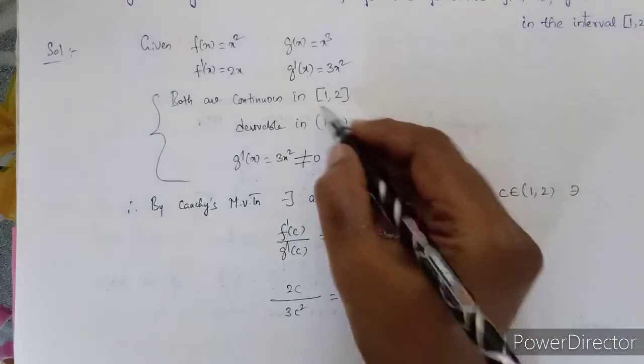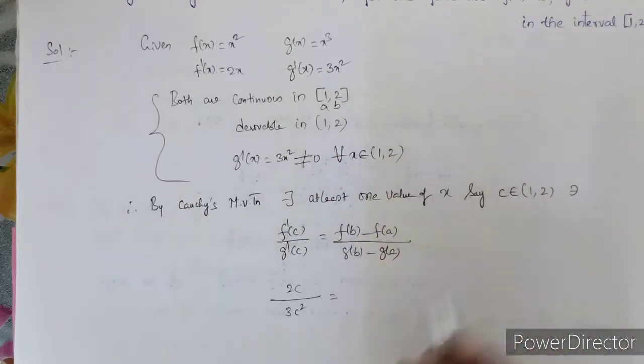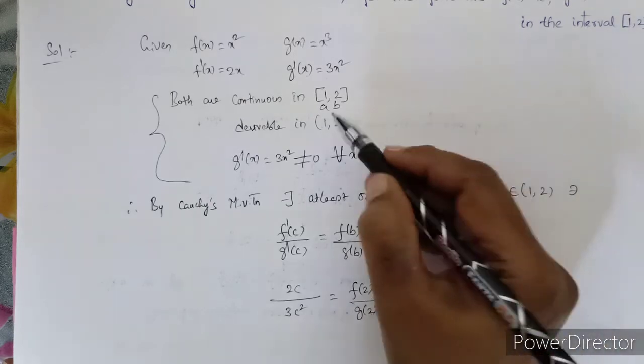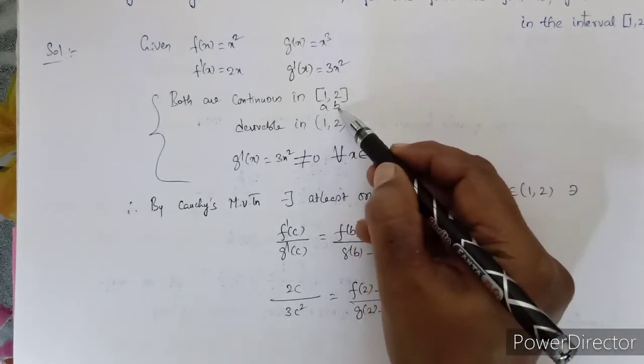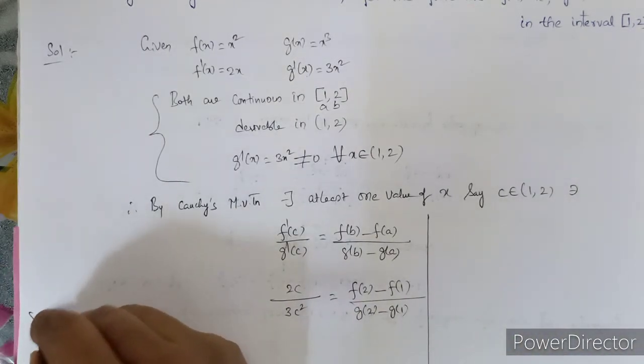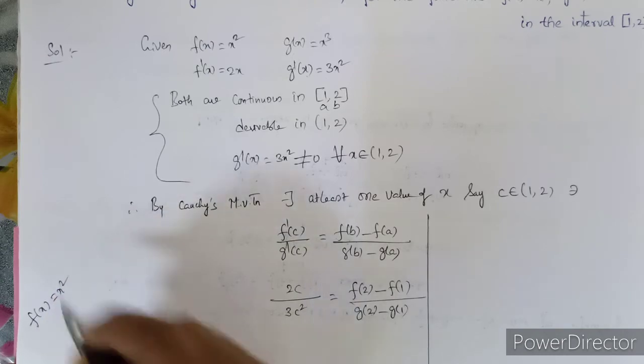In this interval, this is a and this is b. So f of b means f of 2, f of a is f of 1, by g of 2 minus g of 1. So substituting a as 1 and b as 2. Now we find out f of 2 value. F of x is equal to x square.